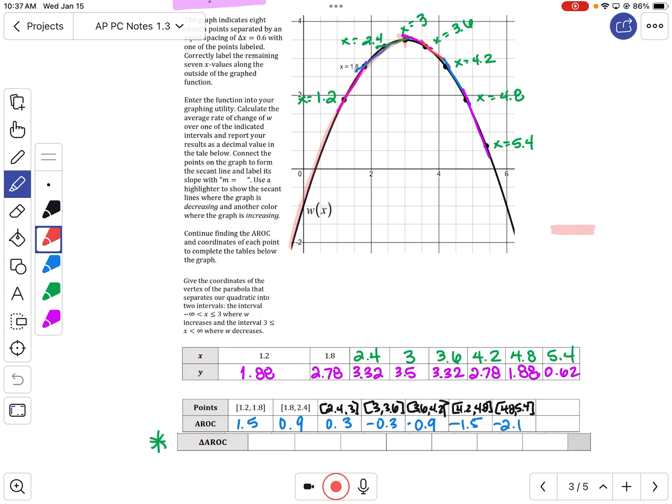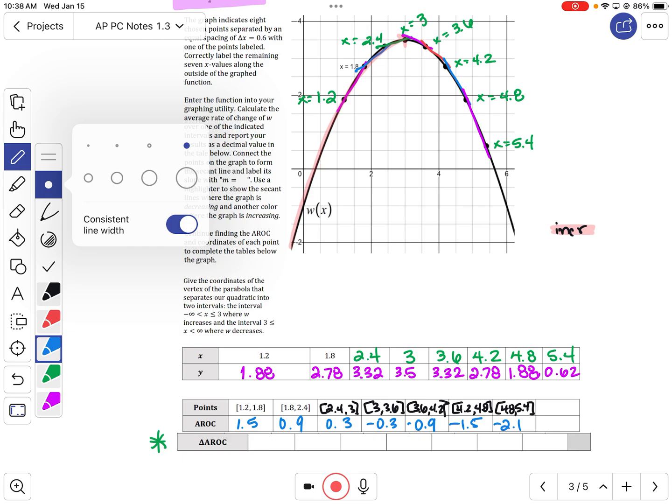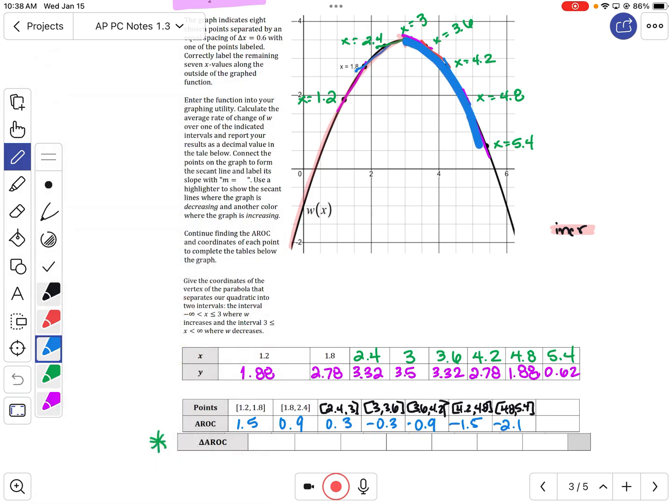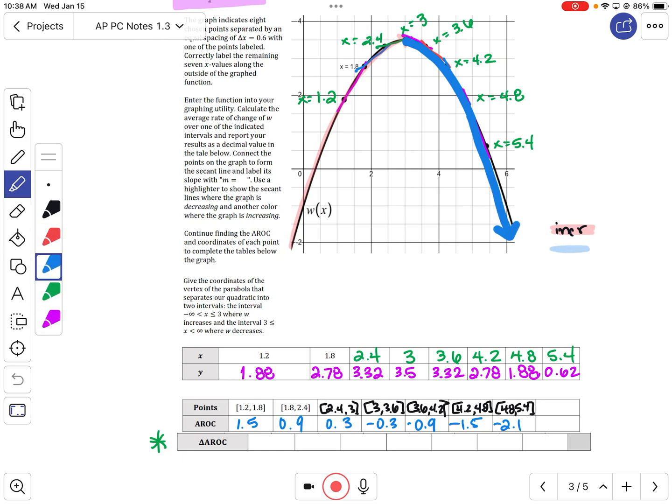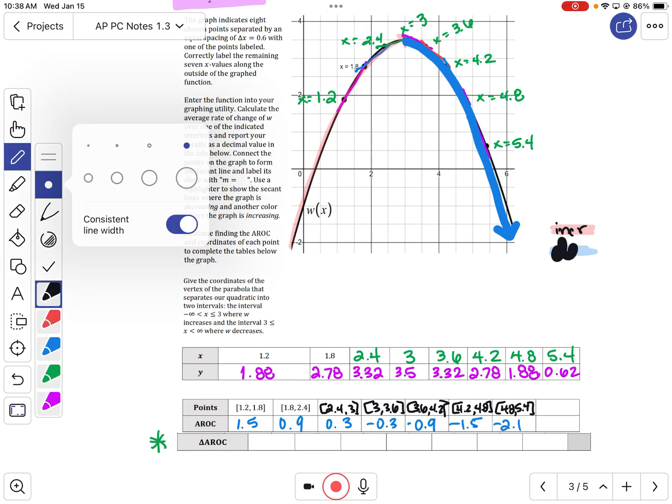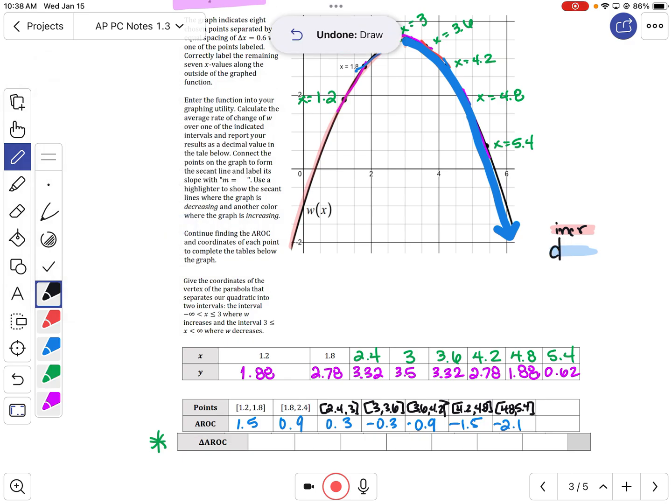I'm just going to put increasing so I know that's what I was doing. And then I'm decreasing over here.